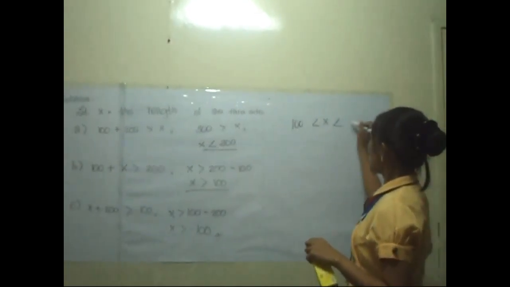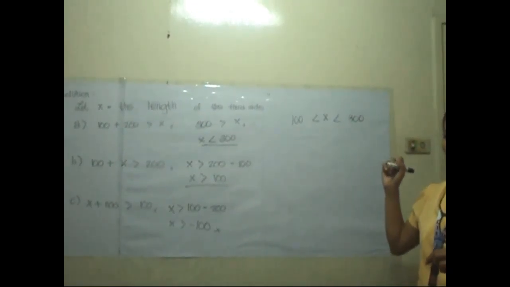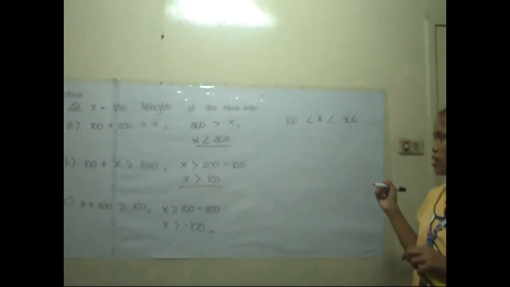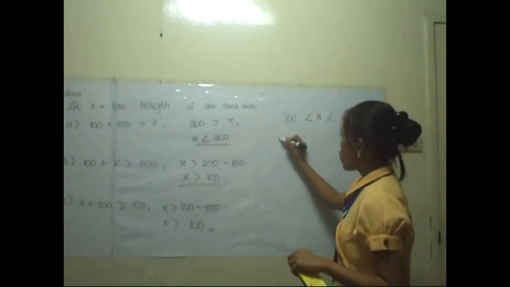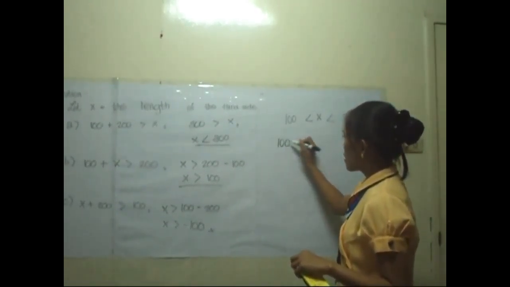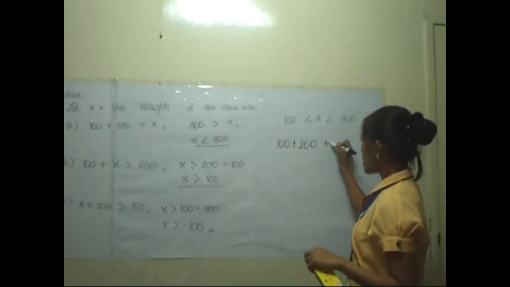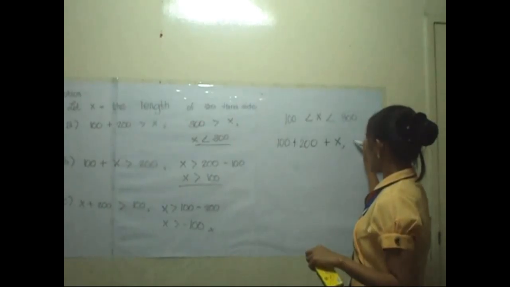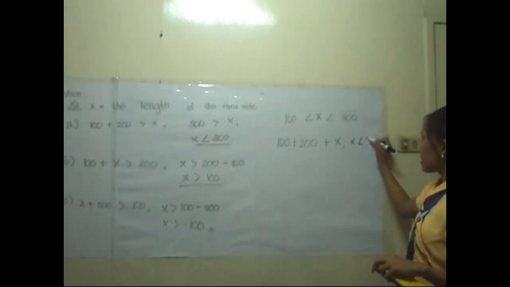less than 300. Therefore, the total length of the fence needed to enclose the triangular lot is 100 plus 200 plus x, where x must be less than 300.